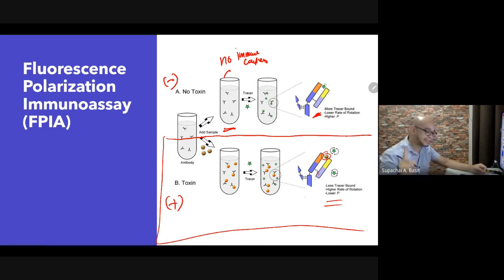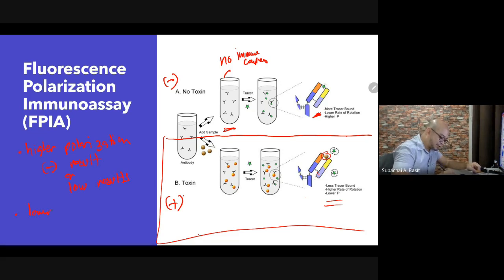So what's the lesson here? Higher polarization means a negative or low result.